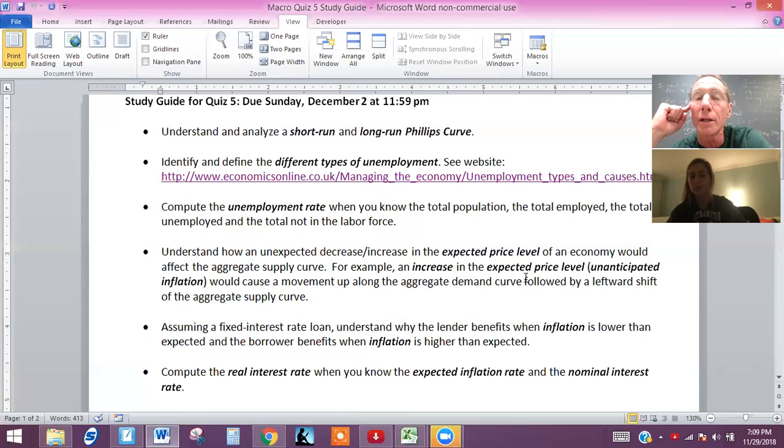Okay, so when the expected price levels are going to decrease.